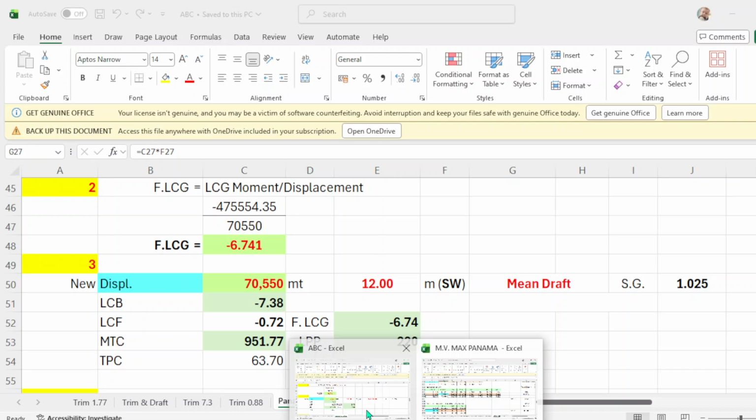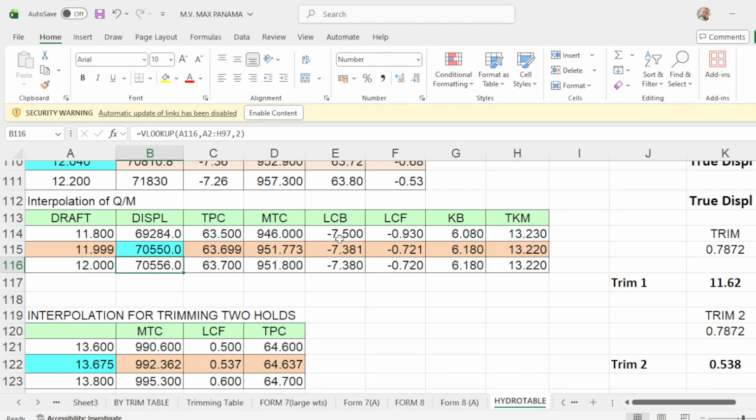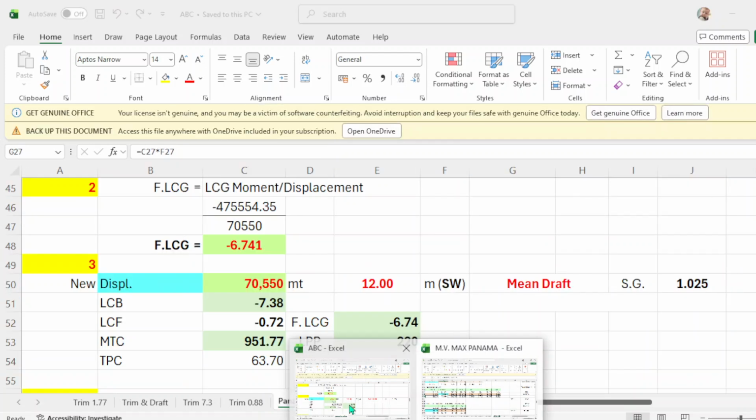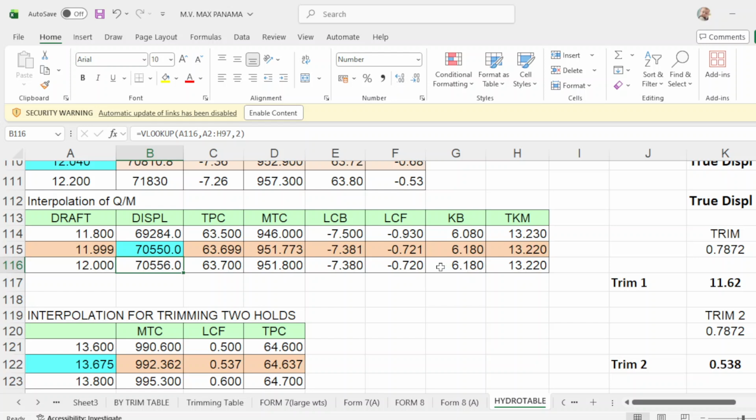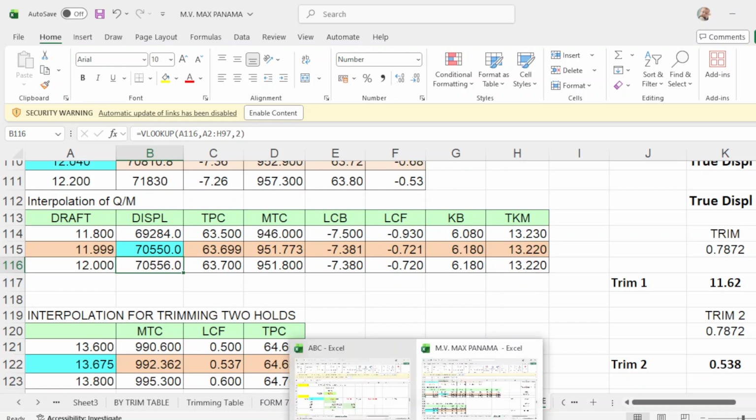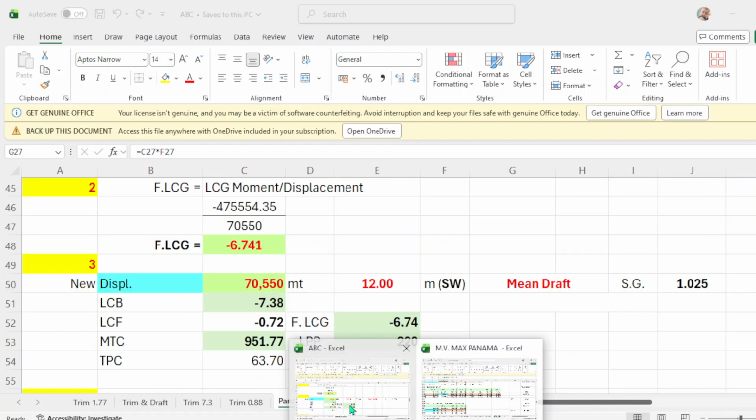And your LCB is negative 738, okay? And your LCF is negative 0.721. Negative 0.72. Okay?